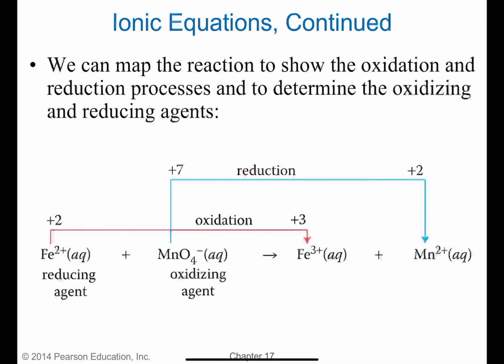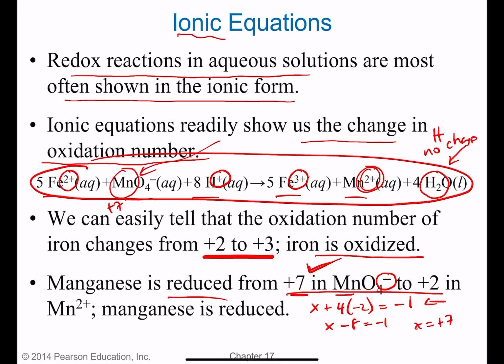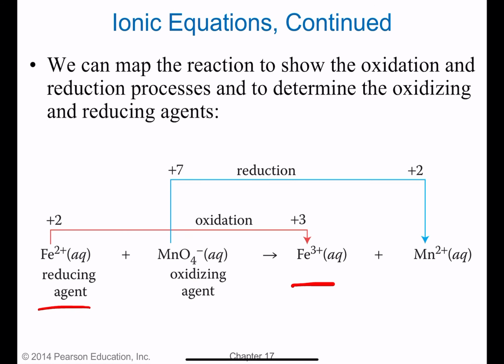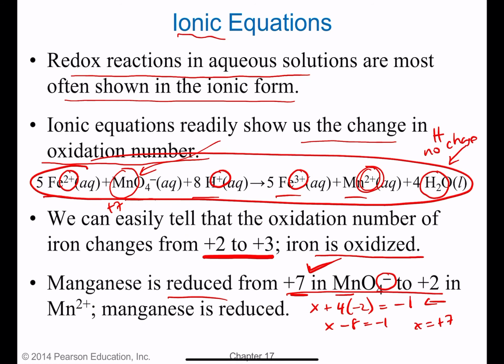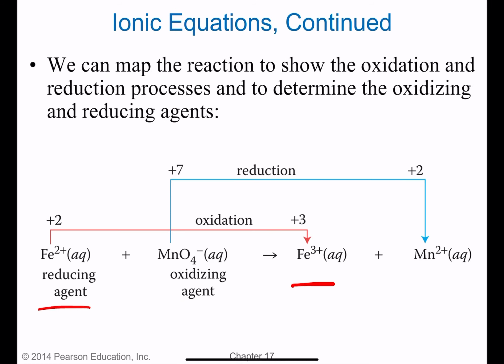So this is the same example that we just saw, but we're using the tie lines this time. So going from iron 2 to iron 3, and also notice this is kind of like a cleaned up version of what we saw on the previous slide. Because here we don't have the H pluses that were here, and the waters that were on this side, those have not been included yet anyway. And that's okay because the hydrogen and the oxygens, those weren't what was changing, so we kind of left them out.